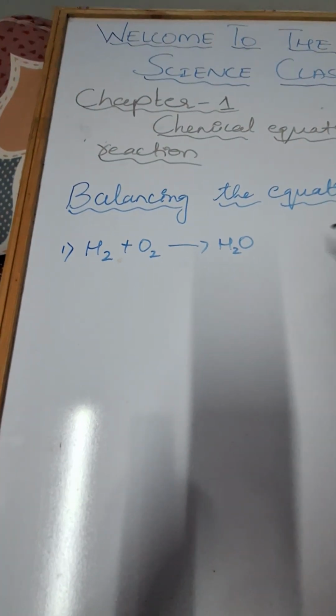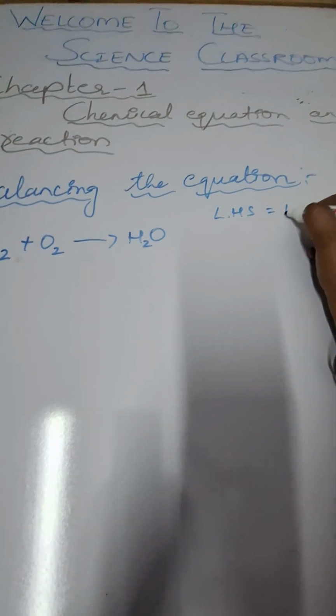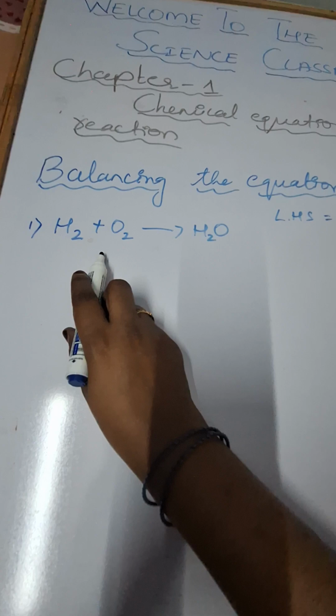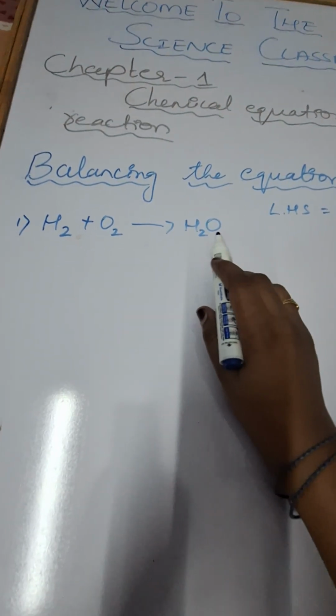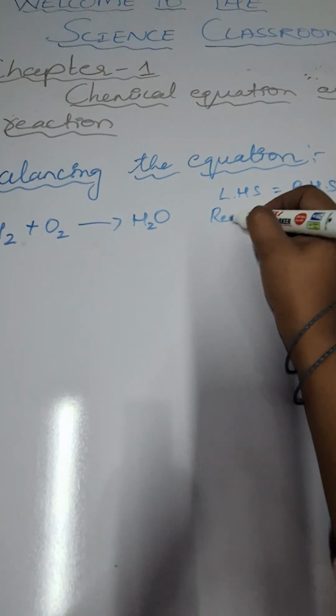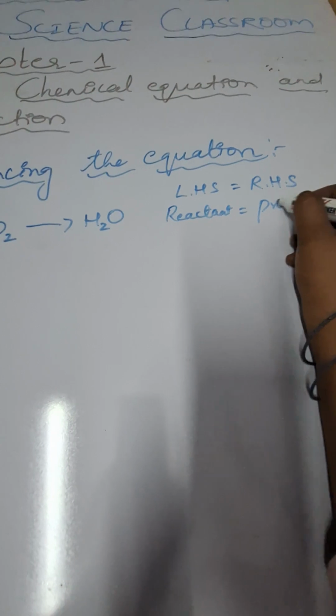In the chemical equation, LHS should be equal to RHS. That is, left hand side should be equal to right hand side. That is, reactants should be equal to products.